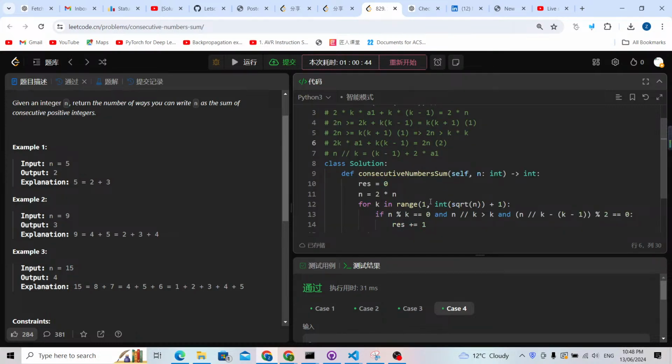We need to check if n modular k equals 0, and if n divided by k is more than k. We directly get this from here. But why do we use n modular k equal to 0 to check? Because n is always an integer, and k is also an integer.